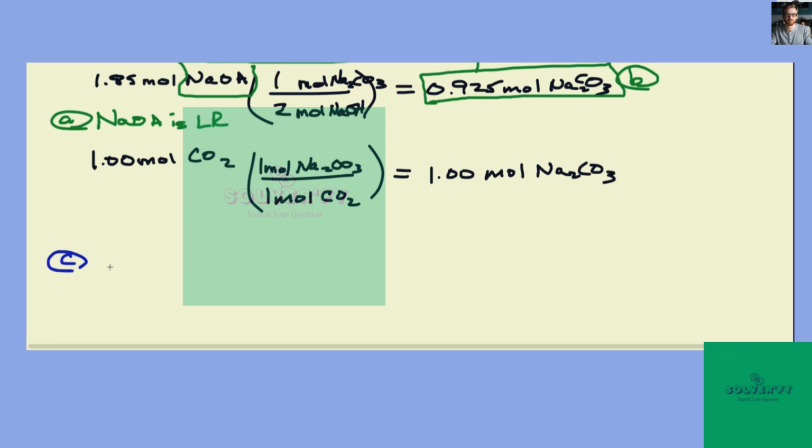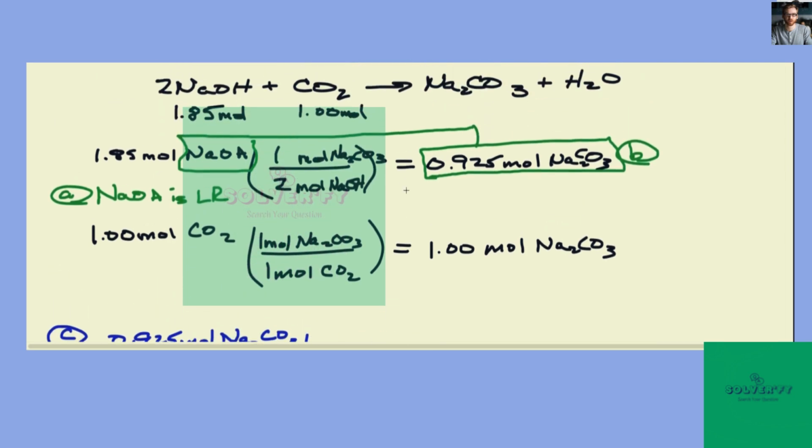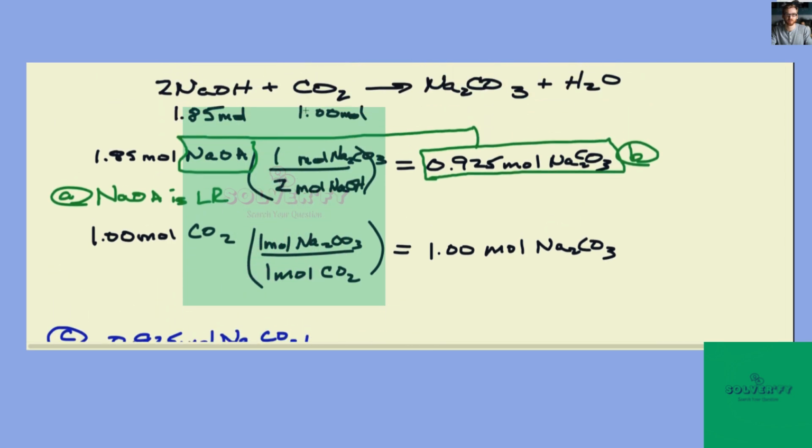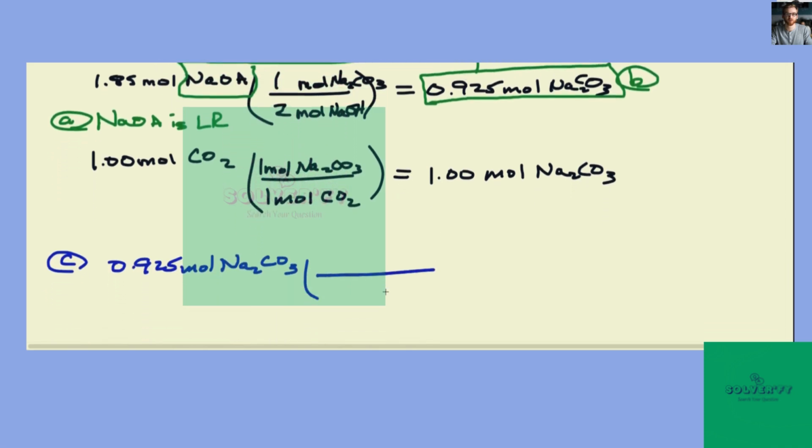Okay, so we have our 0.925 moles of sodium carbonate, and we can work backwards with the mole ratio to look at our reactants. Now, the balanced chemical equation says that for every CO2 we use, we make an Na2CO3.